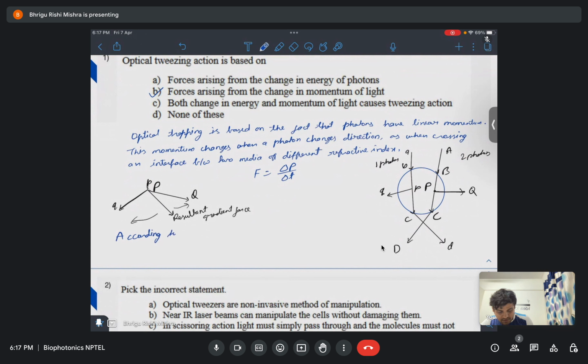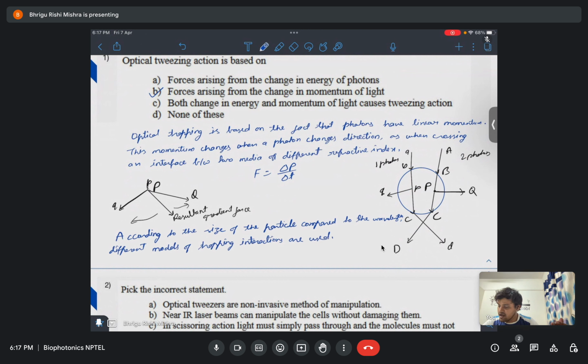According to the size of the particle compared to the wavelength, different models of trapping interactions are used.